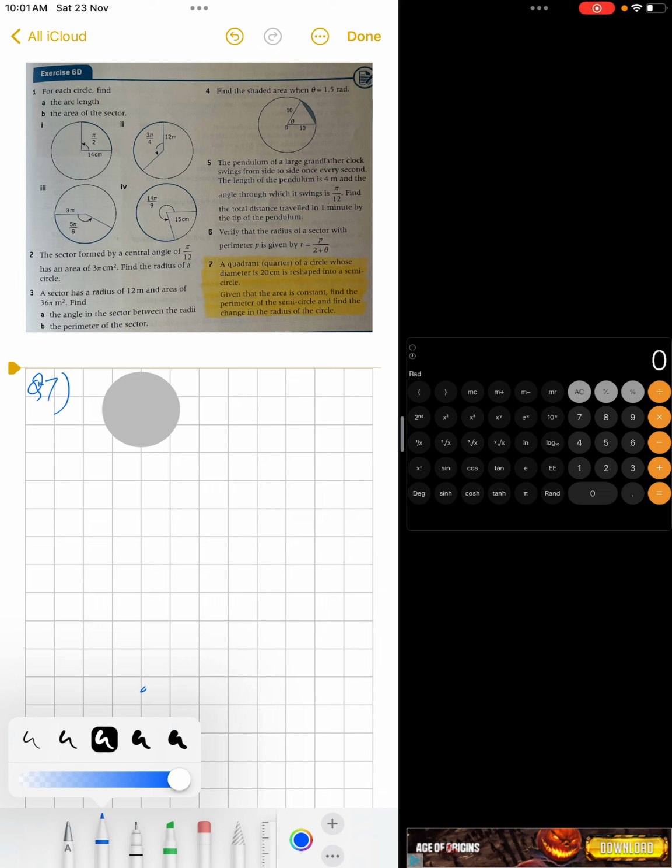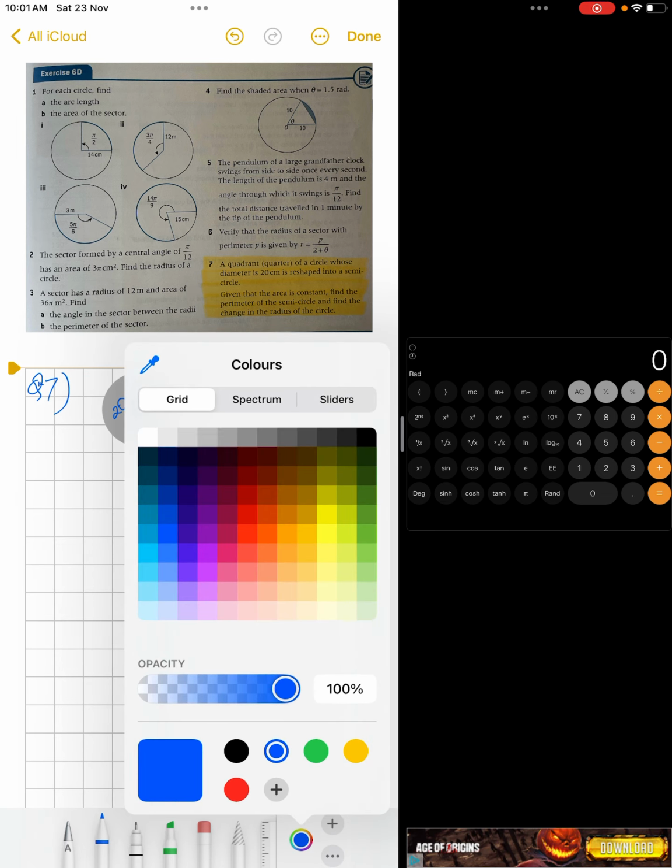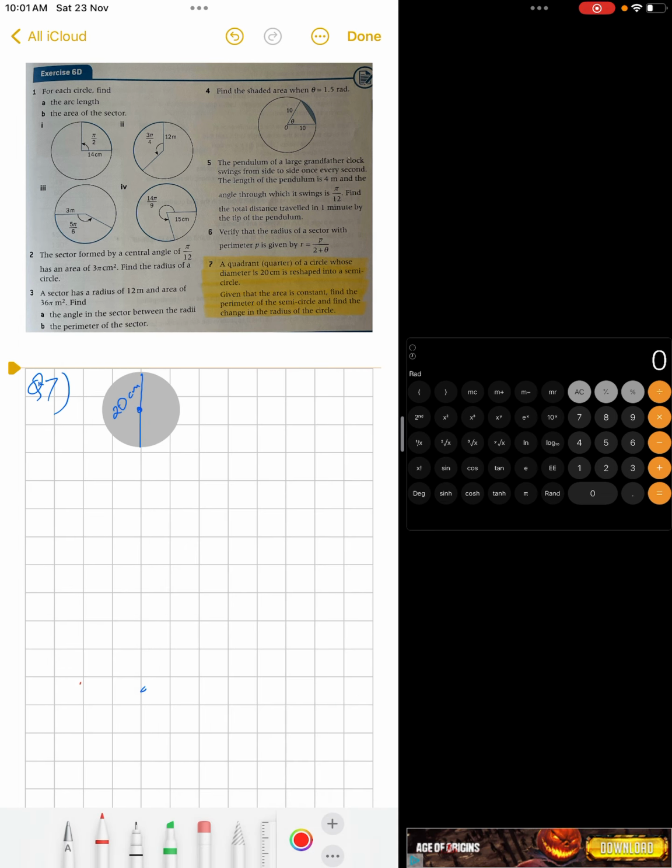First of all, the circle has a diameter of 20 centimeters, and we want a quadrant, and that quadrant is reshaped, and given that the area is reshaped into a semicircle, the area is constant.